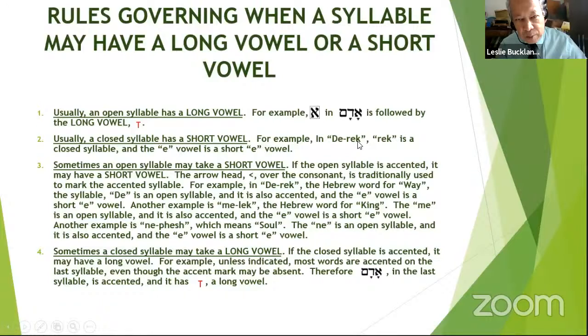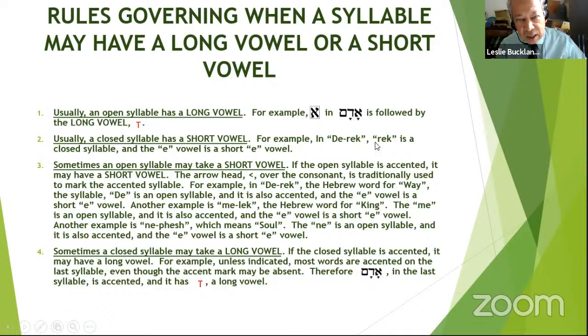Now the other syllable consists of our R, which is the Hebrew consonant resh, our E, which is the segol, the short E sound, and Kaf, our K. Derek, which is a Hebrew word that means way.